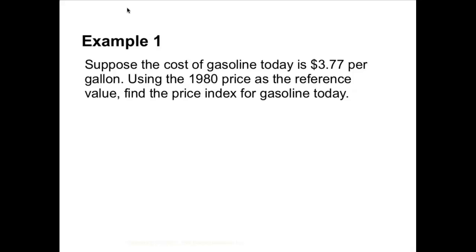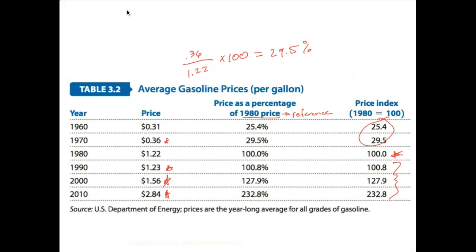Suppose the cost of gasoline today is $3.77 per gallon. Using the 1980 price as the reference value, find the price index for gasoline today. So we're just going to take the $3.77. We're going to divide it by our reference value, which is our price in 1980, which was $1.22.